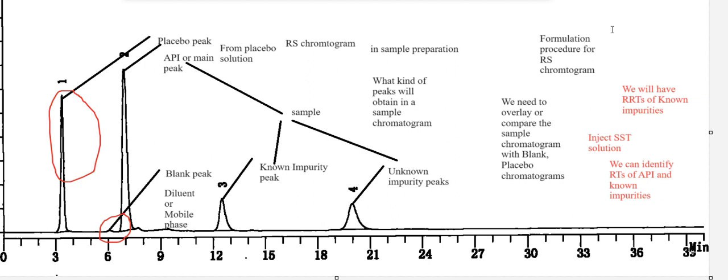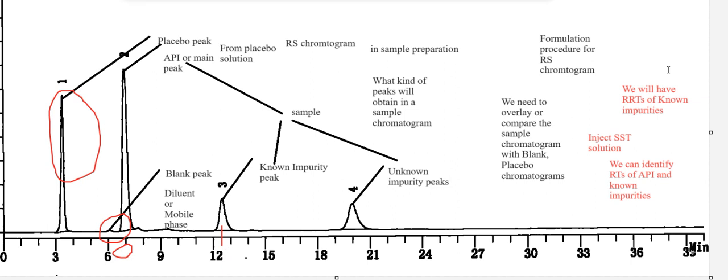For example, the main peak is around 6.5, and here we got a peak around 12.5.